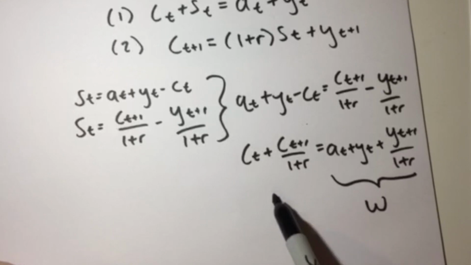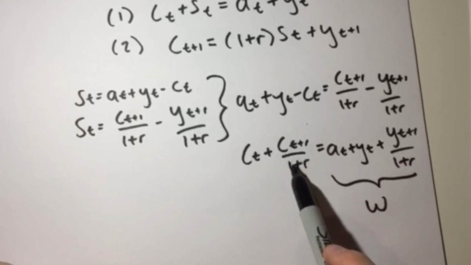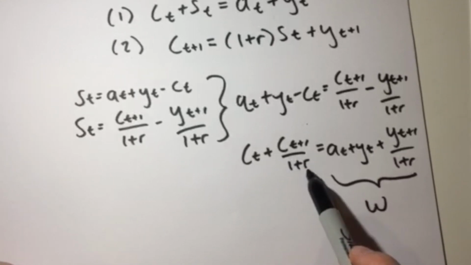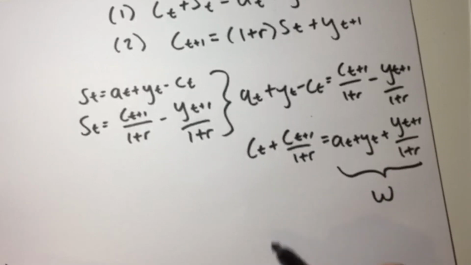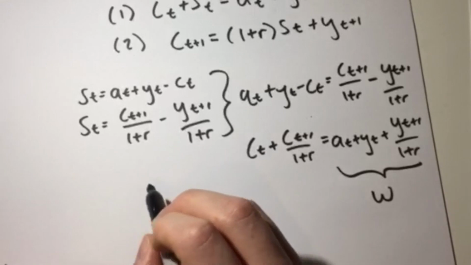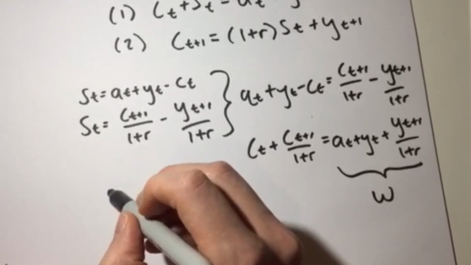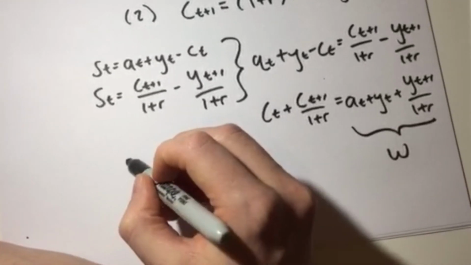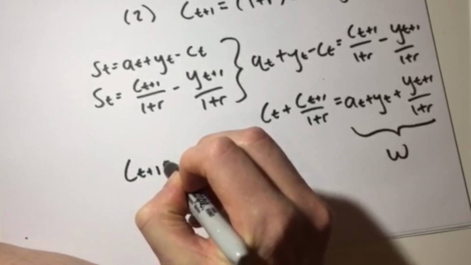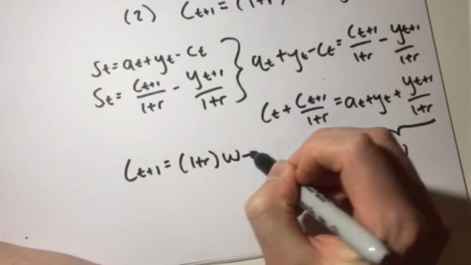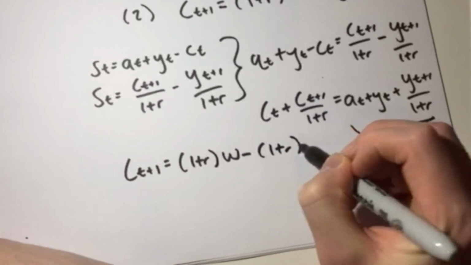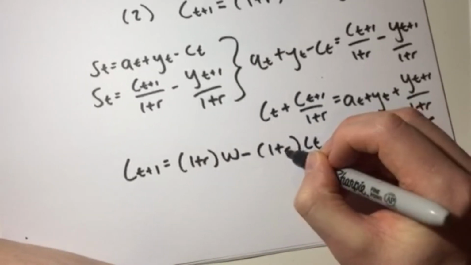So now, with C_t plus C_{t+1} over 1 plus r equaling this, we can now rearrange that to solve for C_{t+1}, which is what I'm going to do here. So C_{t+1} equals (1 plus r) W minus (1 plus r) multiplied by C_t.